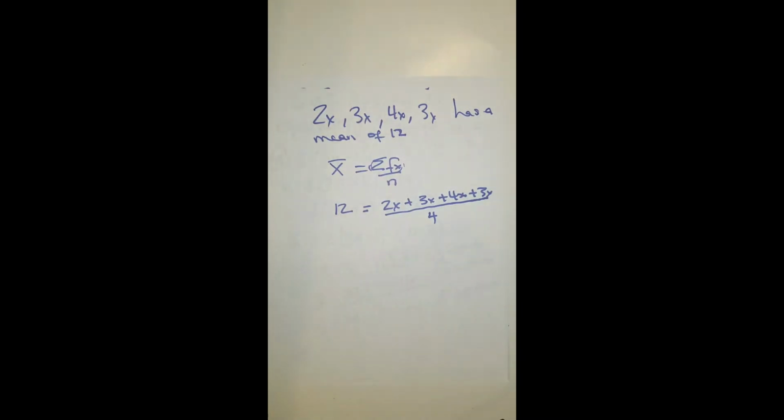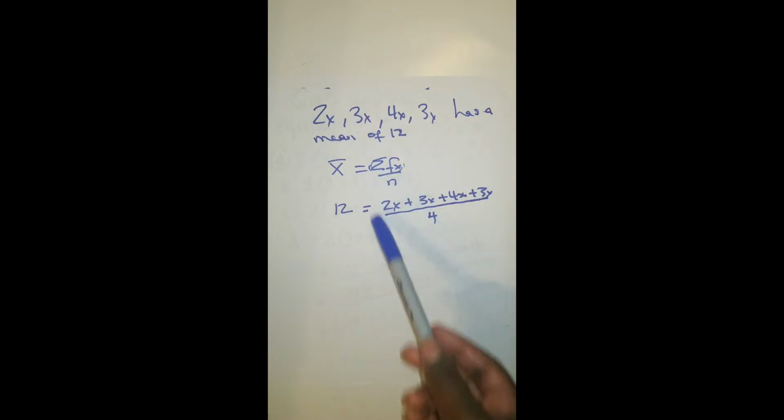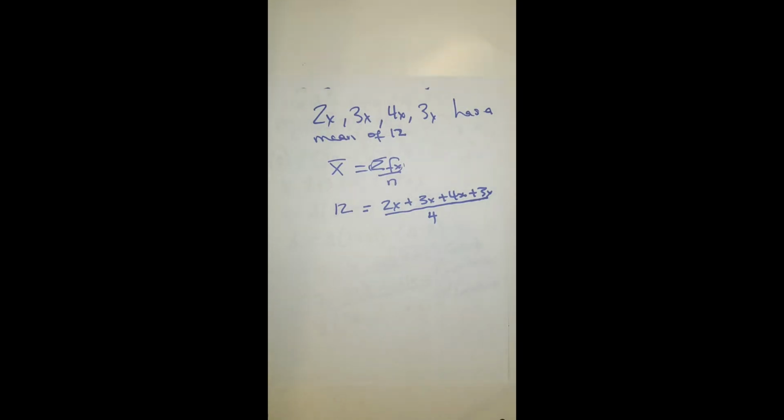But regardless of what is there, guys, we are asked to find the sum of the numbers, and the sum of the numbers is basically this part, the sum of f of x. So regardless of what is at the end, it doesn't matter. If it's going to be 16 or whatever, it doesn't matter.